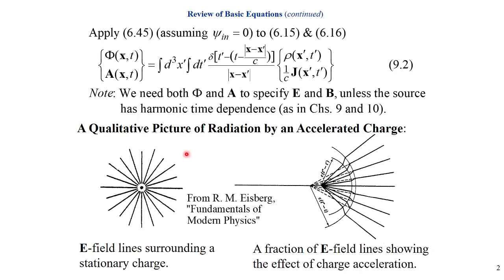We need both phi and A to specify E and B unless the source has harmonic time dependence. In chapters 9 and 10, the source has harmonic time dependence, so we need phi or A, not both.